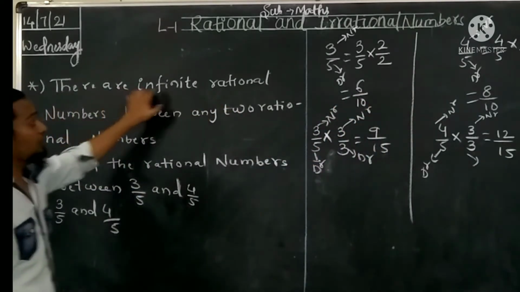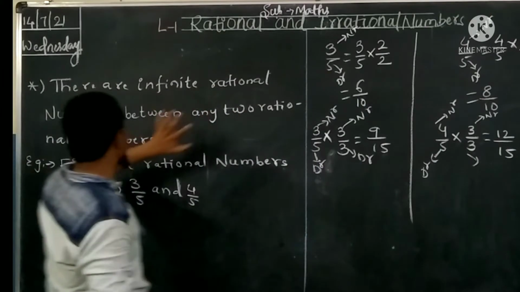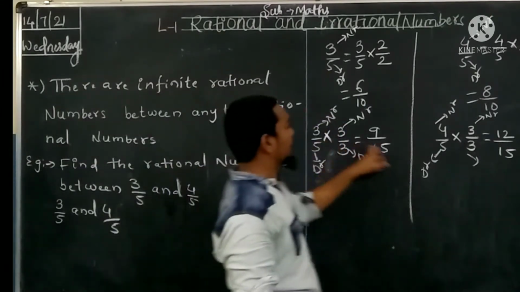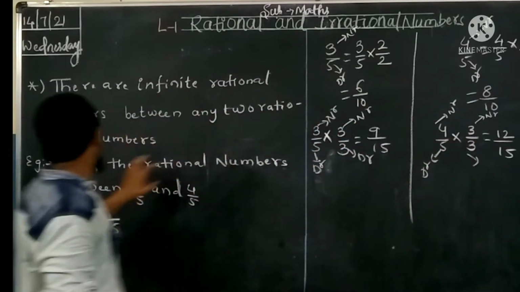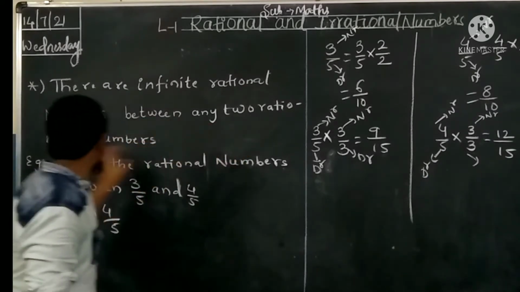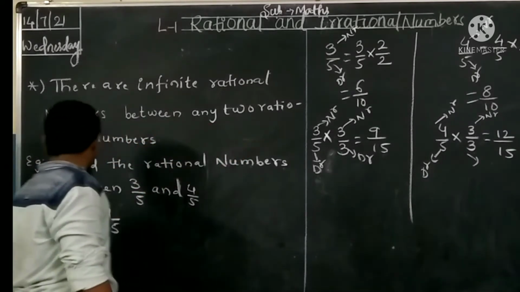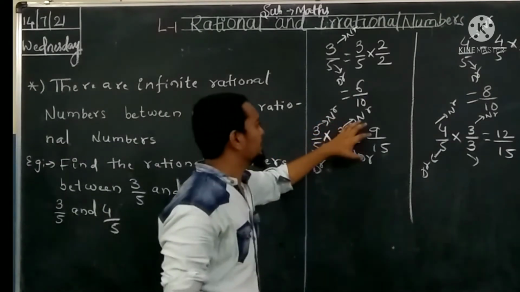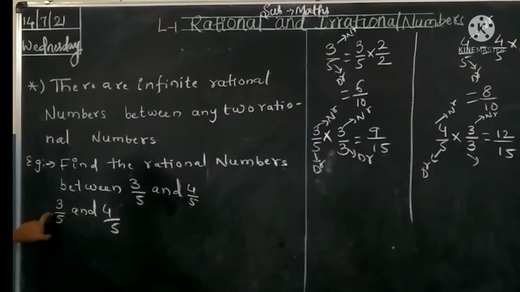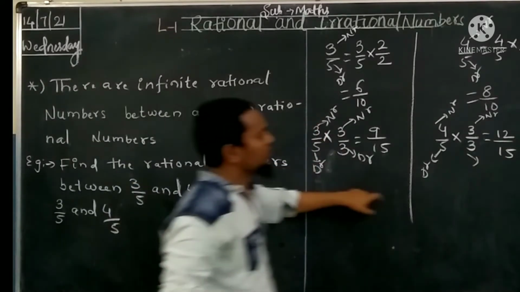Here, there are infinite rational numbers. That means all these are rational numbers between 3 upon 5 and 4 upon 5.